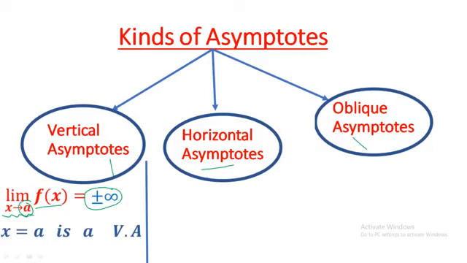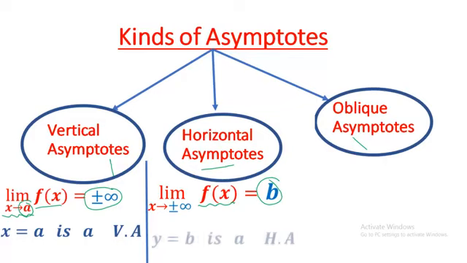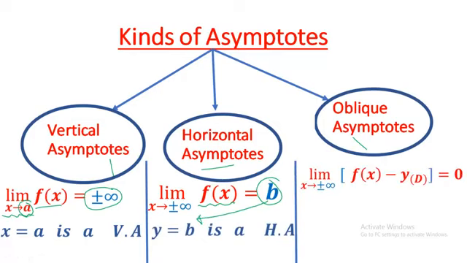And if I have the limit as x tends to plus or minus infinity of the function f of x, and the answer is a number, let's say b, then this number will represent the horizontal asymptote of equation y equals b. And if I calculate the limit as x tends to infinity and I get infinity, then we say f of x may have an oblique asymptote.